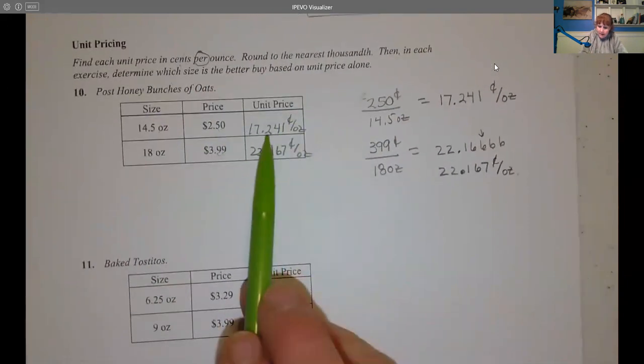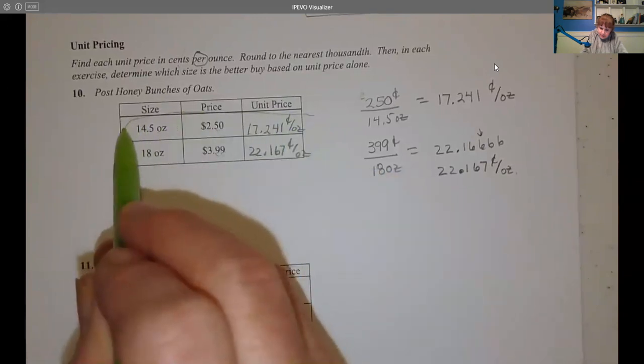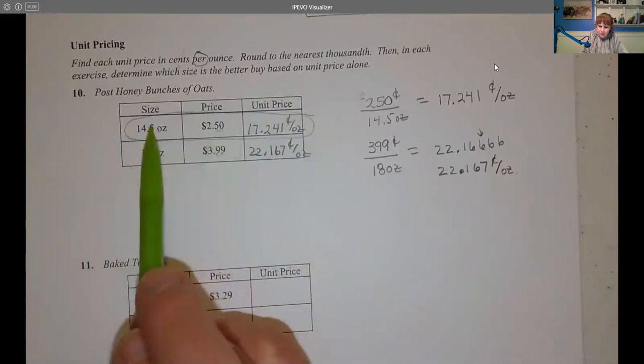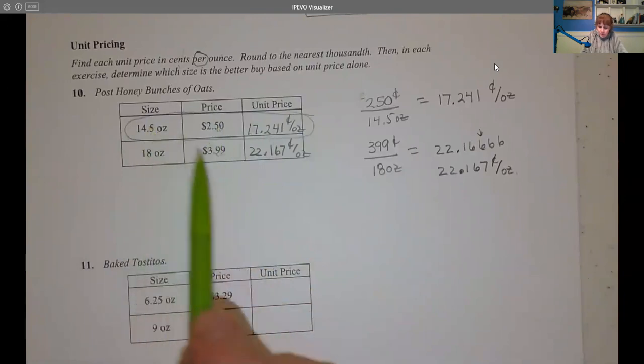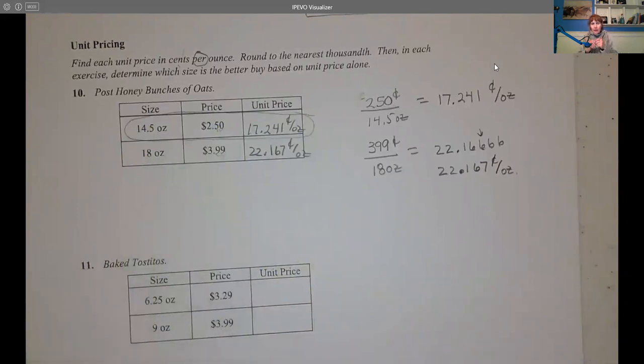Well, the better buy is this one right here. So this is cheaper. To buy this one, $2.50 for 14.5 ounces rather than buying this one. So to compare items in a store, you take the amount of money divided by the ounces or the pounds or whatever.